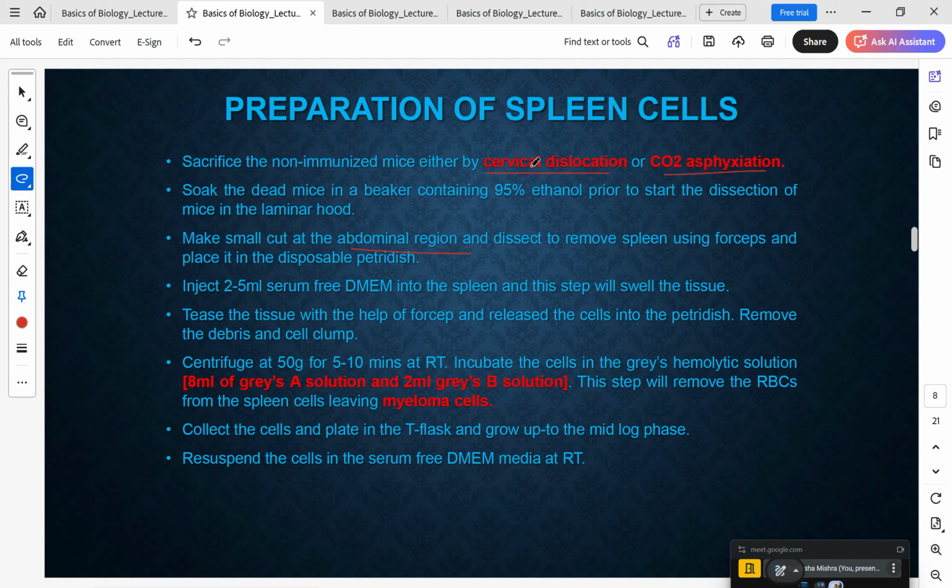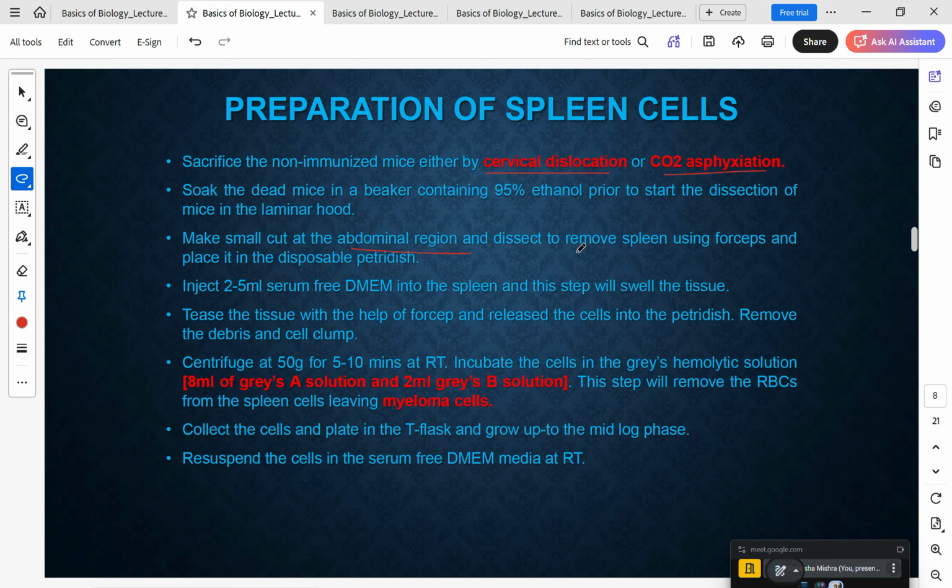In cervical dislocation, you are essentially detaching the spinal cord from the brain, and that stops the heartbeat of the animal. In CO2 asphyxiation, you place the animal in a CO2 chamber, and because of the absence of oxygen, the animal is euthanized at a later point.